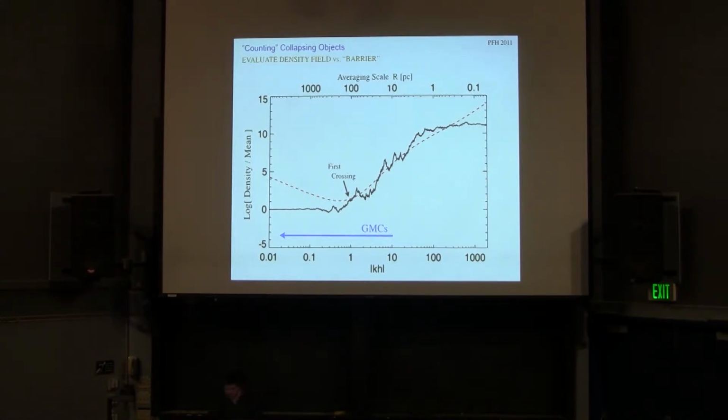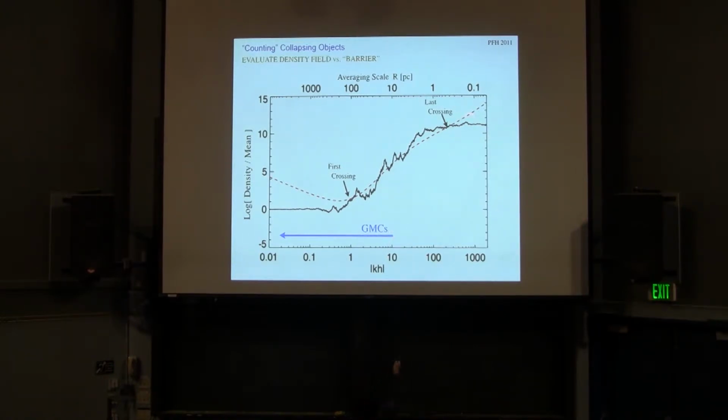But then there's also a small scale, the last crossing scale. And this has no analogy in cosmology. This is unique to the ISM because gas can dissipate. In cosmology, you don't care about these substructures because they can't internally collapse, basically, independent of the big thing. But here they can. So there's a smallest scale, last crossing, that you're self-gravitating on.